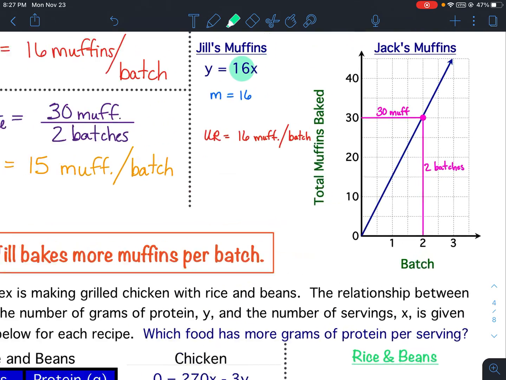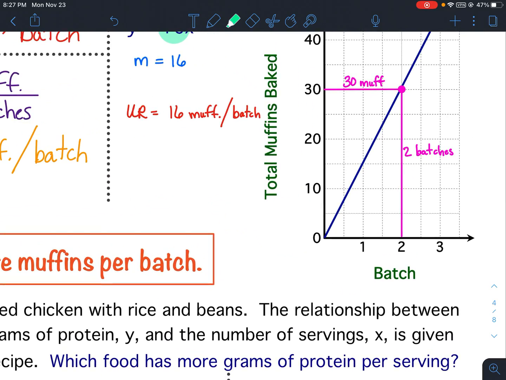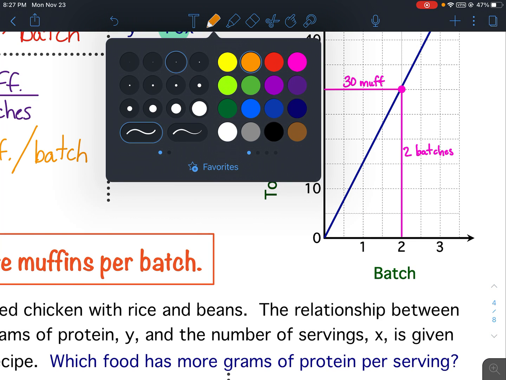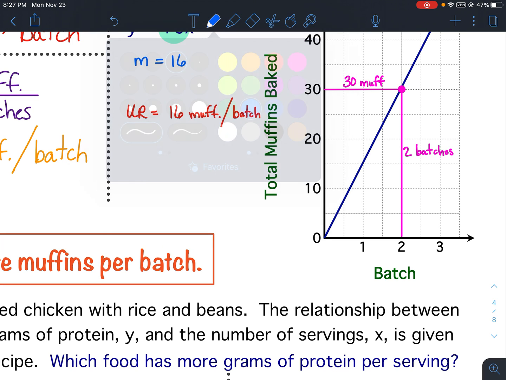You want to look for 1 on the x-axis. If I draw a line up to my graph, it touches my graph at this point right here.